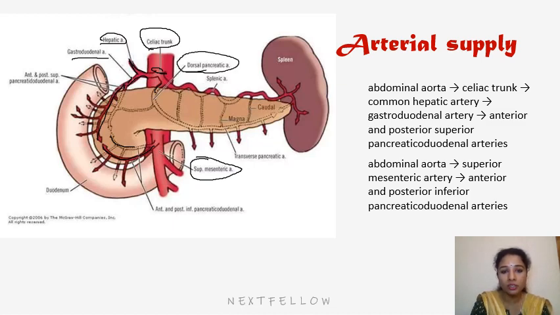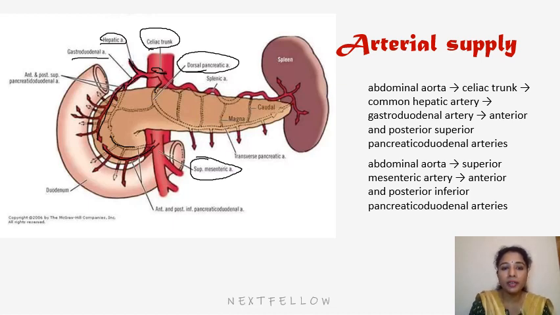This dotted one is the dorsal pancreatic artery, which supplies the major part of the body and tail of the pancreas. So the head and neck of the pancreas is supplied by the superior and inferior pancreatico-duodenal arteries, whereas the body and tail is mainly supplied by the dorsal pancreatic artery and also the great pancreatic artery.